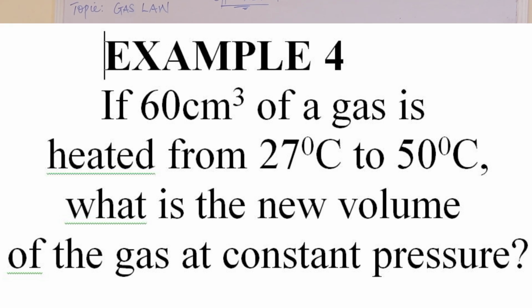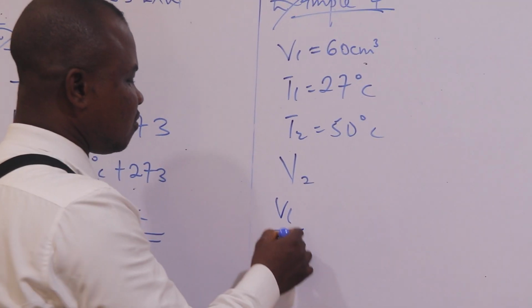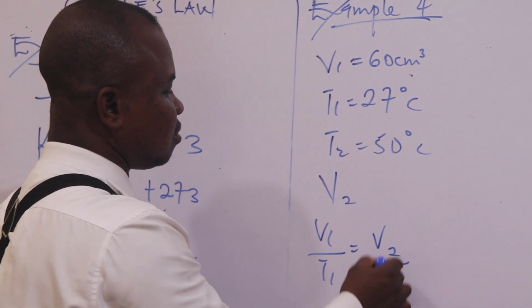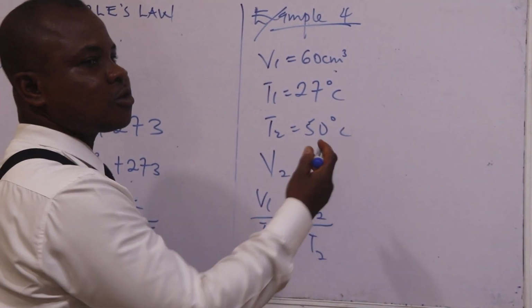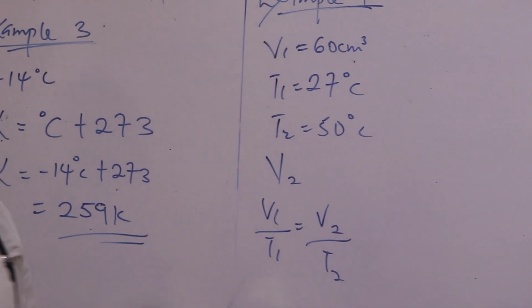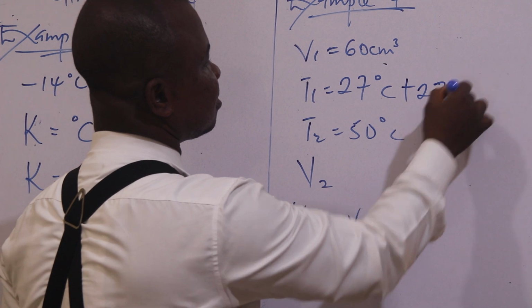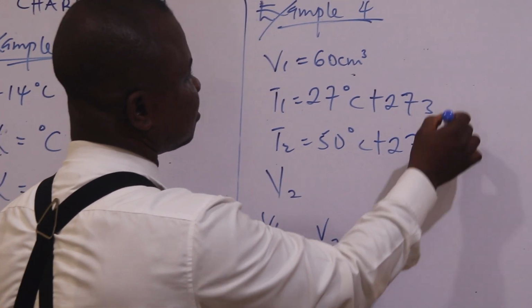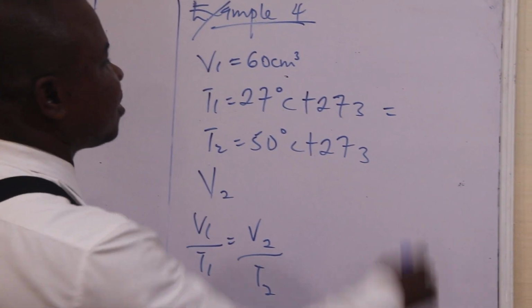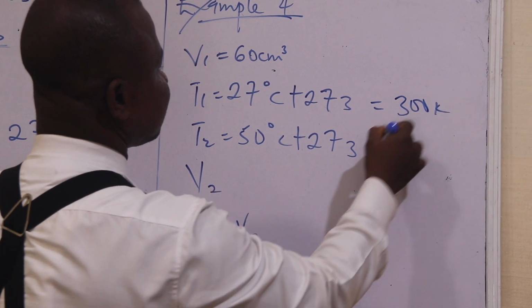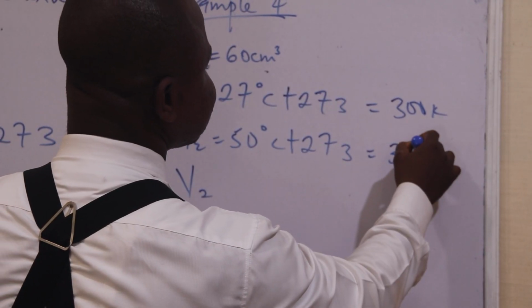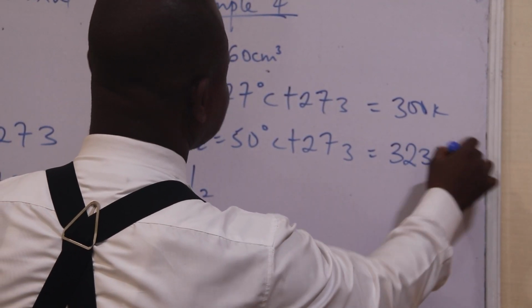So let's use our same formula: V1 over T1 equals V2 over T2. But of course, we are going to convert this value. We have 273 plus 27, so when we add this one, we're going to get 300 Kelvin, and 323 Kelvin.